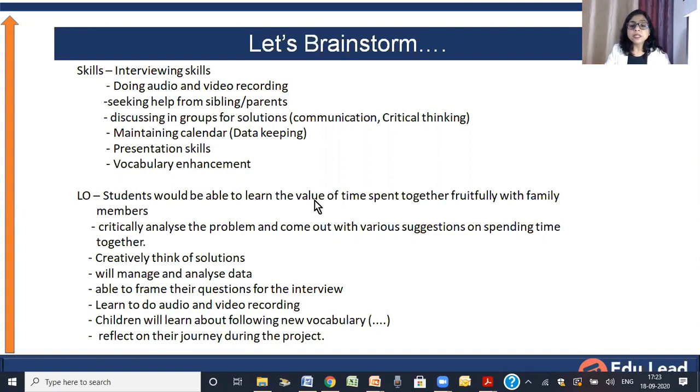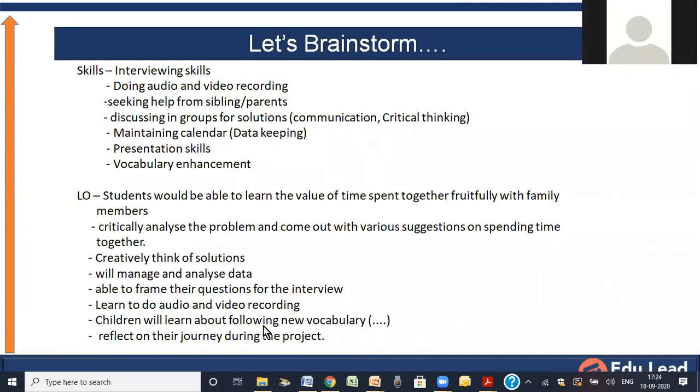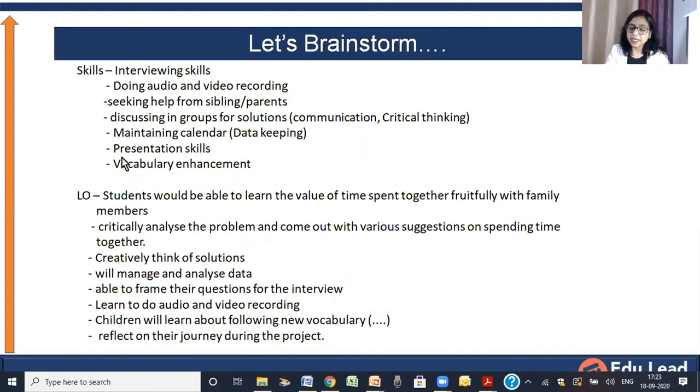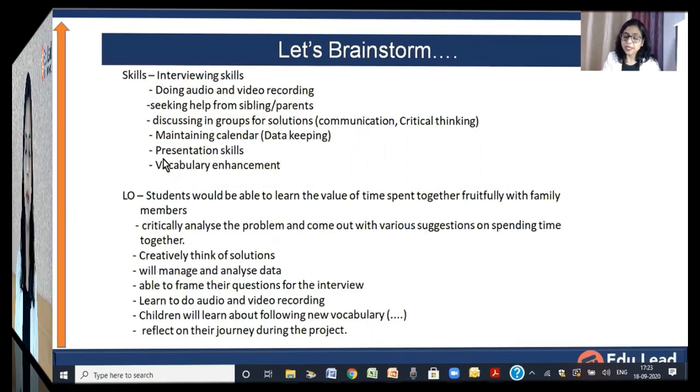Students will be able to learn the value of time which is spent together fruitfully with family members, critically analyze the problem. And so these are some of the learning objectives. Creatively think of the solutions, manage and analyze data, able to frame their questions for the interview, learn to do audio and video recording. Children will learn new vocabulary words, and they will also reflect on their journey during the project. So this is one of the KG projects in detail.